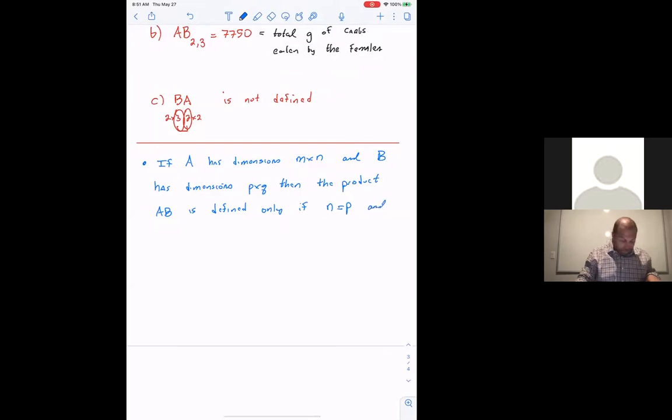And when the product does exist, the dimensions of the product is m by q.